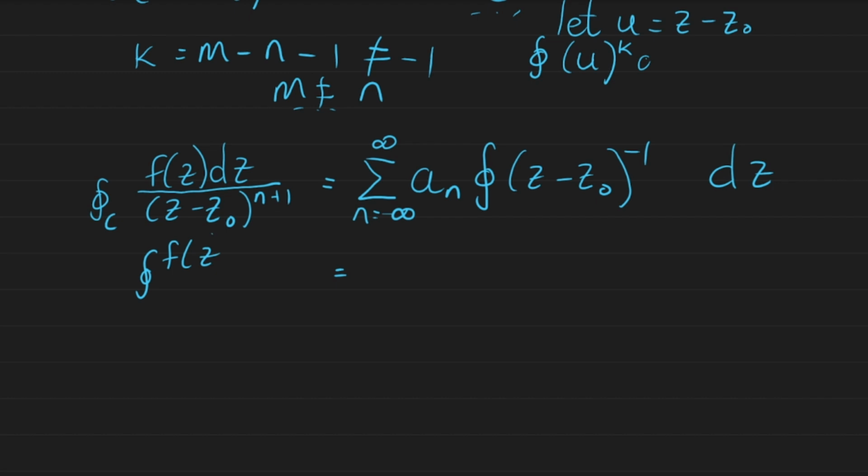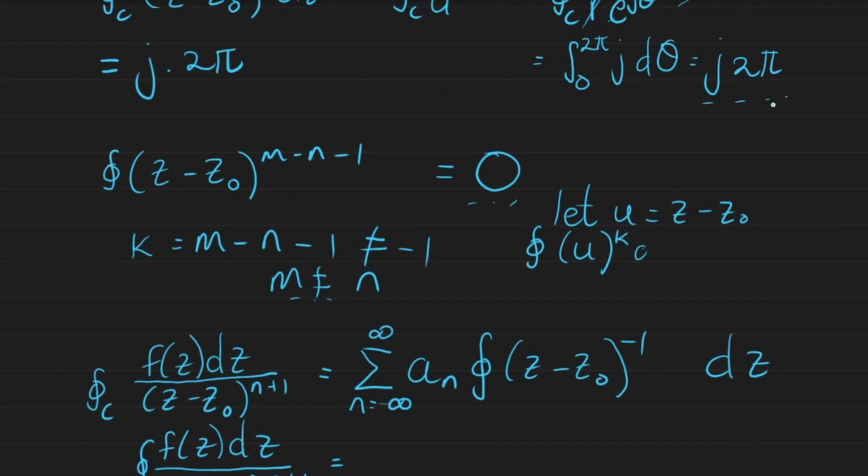We have f(z) dz divided by (z minus z naught) to the power n plus 1. This is equal to, firstly, we saw that this integral is 0 everywhere else besides where m is equal to n. So this sum doesn't have any meaning, because this integral is only going to give us one specific value. It's going to give us j2 pi only where we consider the value n.